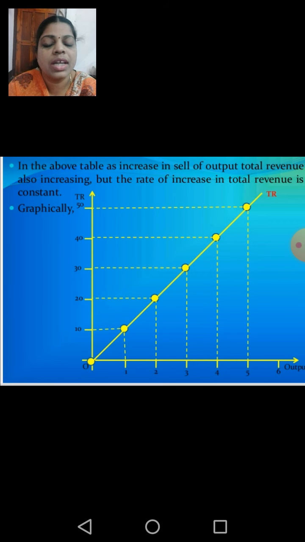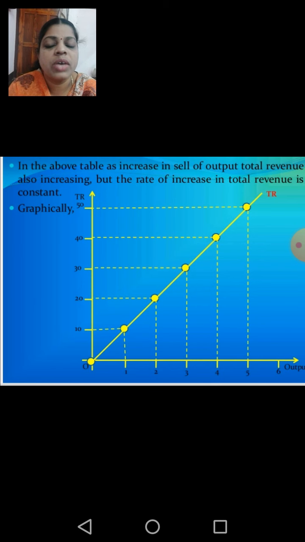That is the different units I told you, the output as well as its prices. So here in the OY axis, the prices are given, and in the OX axis, the output are given.